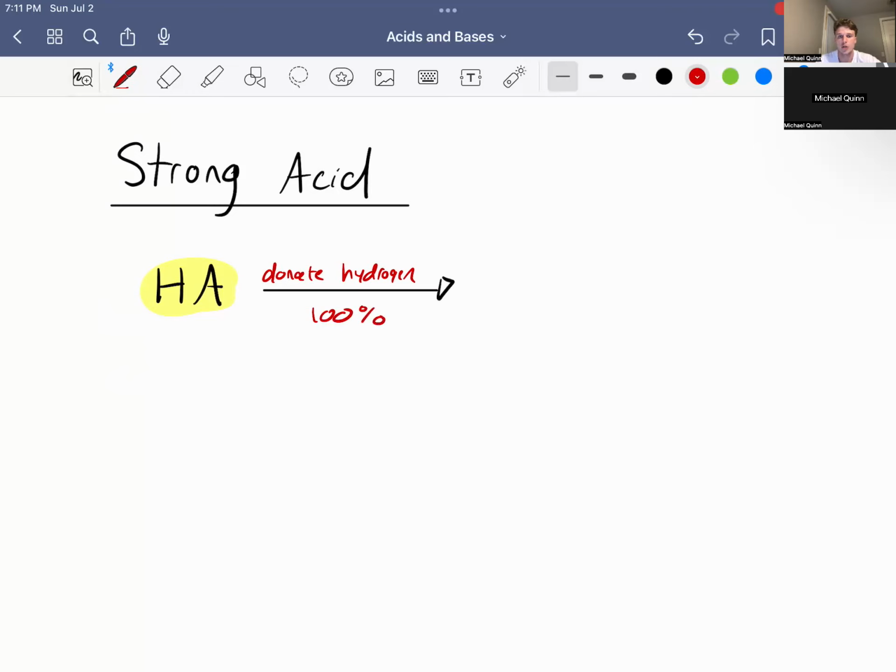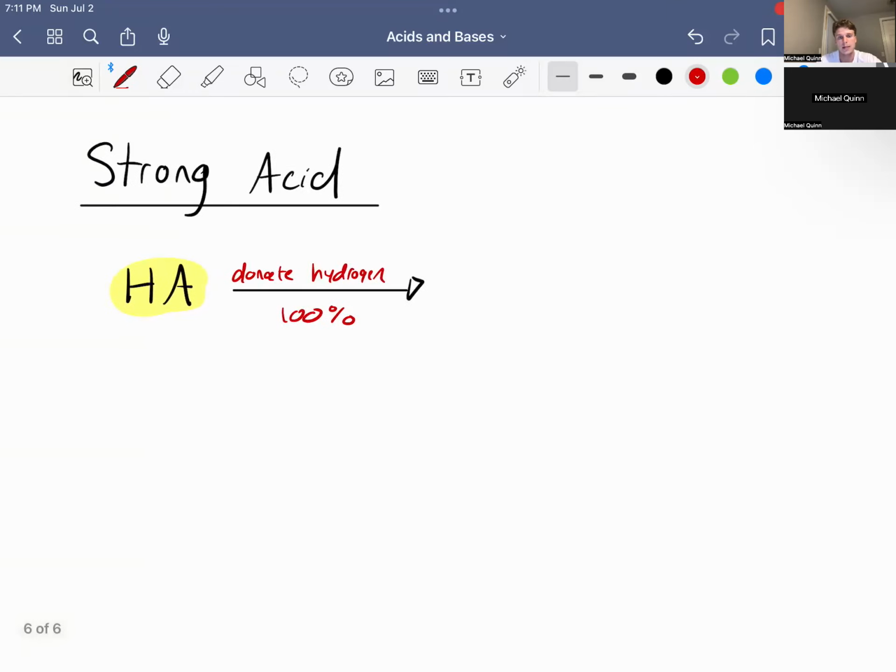Why does it want to do that? Well, what we can see is that a strong acid really wants to donate that hydrogen because the conjugate base that is left over will be really stable. So we can say this conjugate base is very stable.